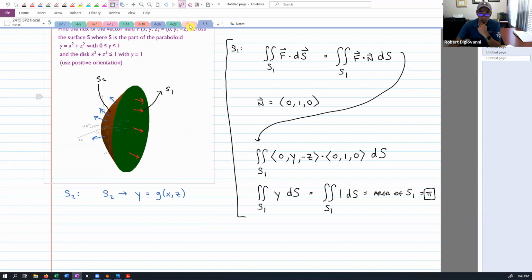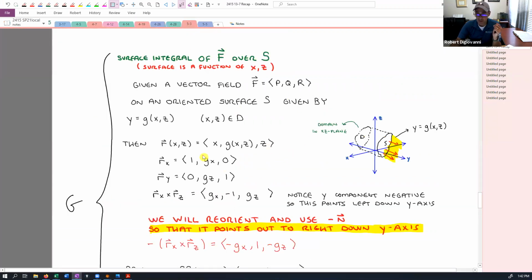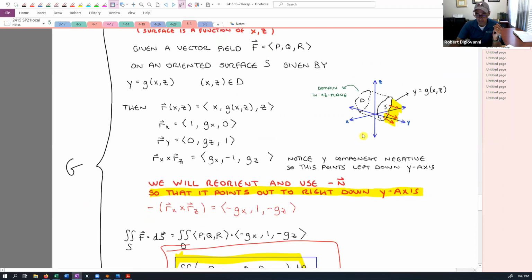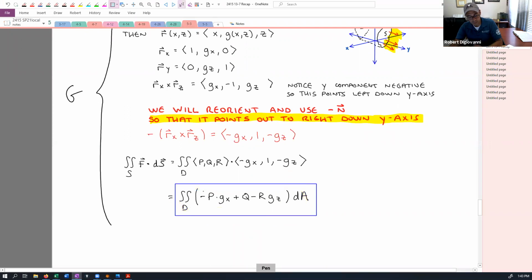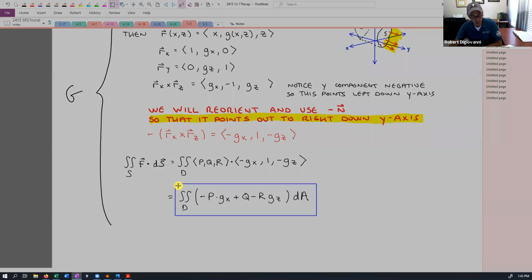So when I go to use this shortcut formula to calculate the flux, because my normals are not pointed out this way, I'm going to use this formula, but I'm going to make it negative at the end. So I'm going to change the sign. Does anyone have a question why I'm about to use this formula?